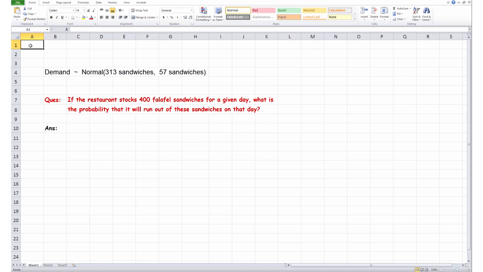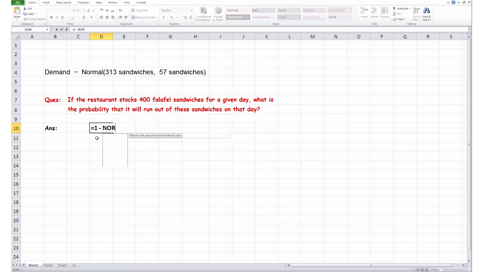We calculate this using is equal to 1 minus and then the norm.dist. Notice why we need to do 1 minus norm.dist: we wish to calculate area to the right of 400, not left of 400.